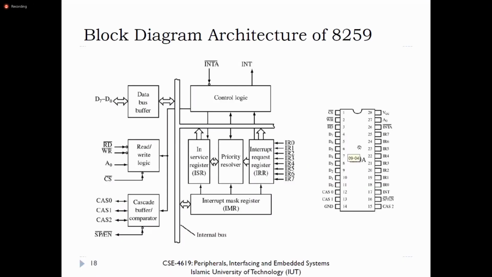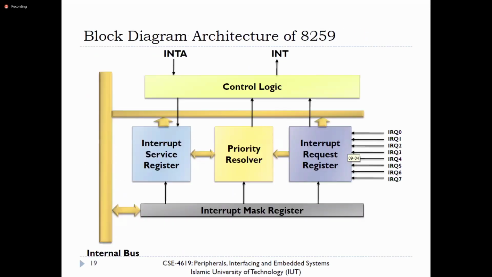Okay, so I have discussed more details about this block diagram than the operations. So again, specifically we have 3 types of registers. The interrupt request register initially stores all sorts of interrupt requests coming from different peripherals.